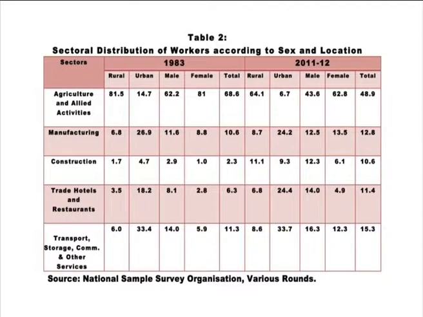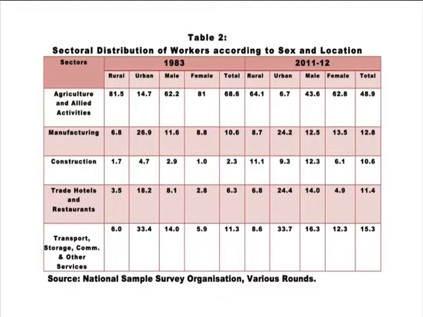Further, the table also gives an account of these shifts across the sectors in rural and urban areas and among males and females. We can see that as compared to 1983, the share of manufacturing in total employment has declined in urban areas, while it has increased in rural areas.